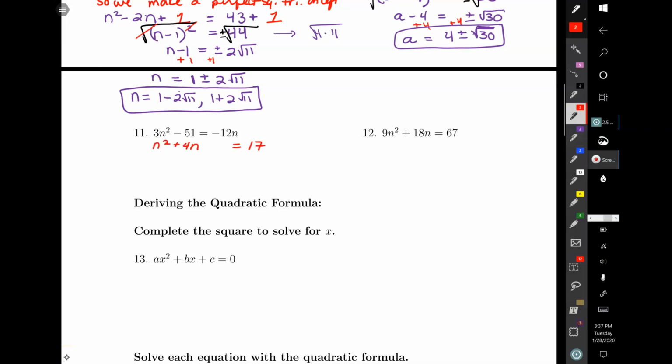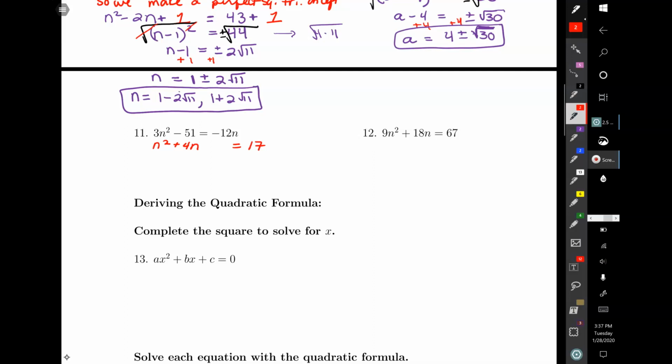So really, since this is an equation, I actually could just divide both sides by 3, which is the greatest common factor, divides into all of those, and it works out nicely for me. So I have n squared plus 4n, and then I left a blank, equals 17.